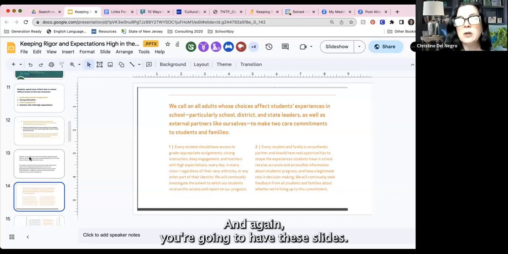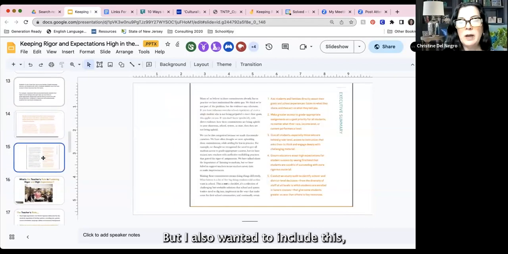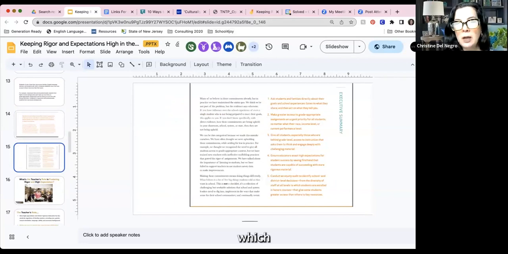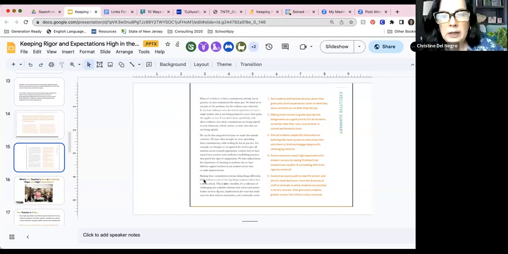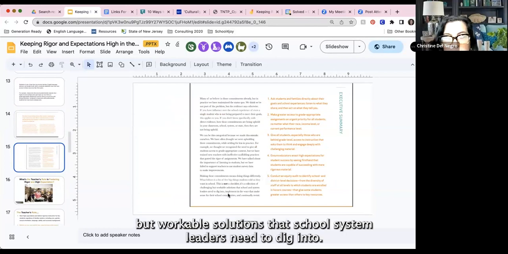And again, you're going to have these slides, so we need to move on, but I also wanted to include this, what I like that they say, which is that this is not a checklist, but it's a collection of challenging but workable solutions that school system leaders need to dig into.